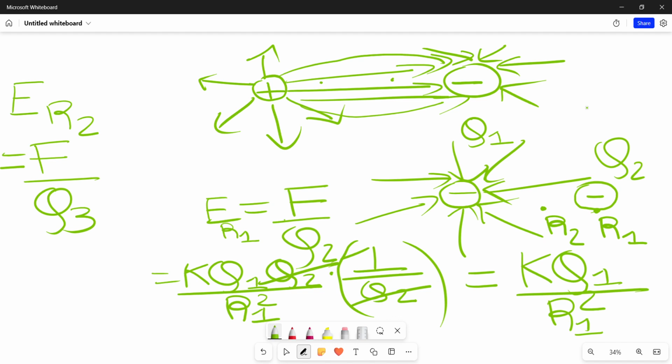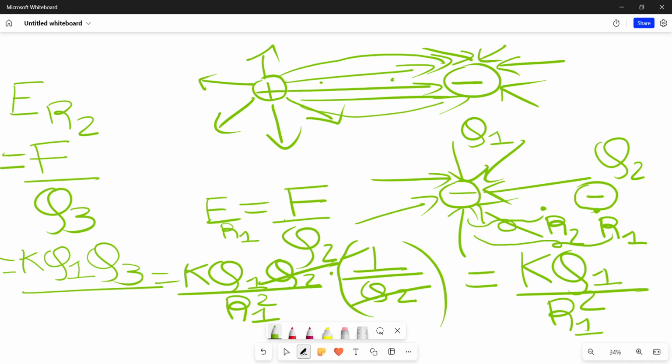Obviously, it is in the vicinity or E field of the negative charge, so I can put this back to K Q1, because it's the field due to Q1, times Q3 over, let me take the radial distance to be R2. That was R1, now this is R2.